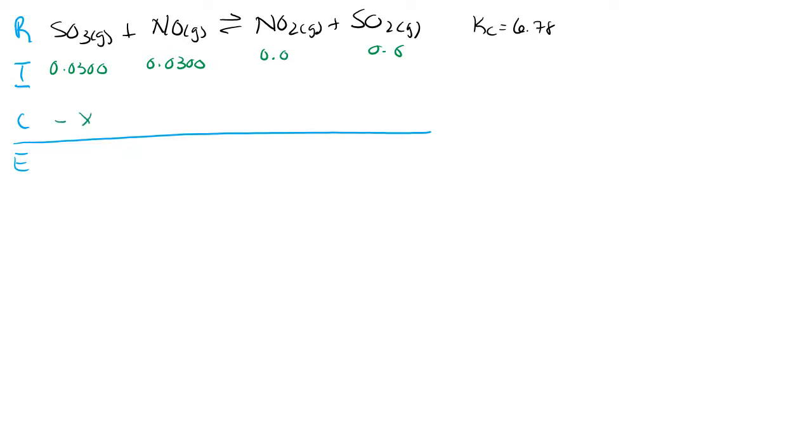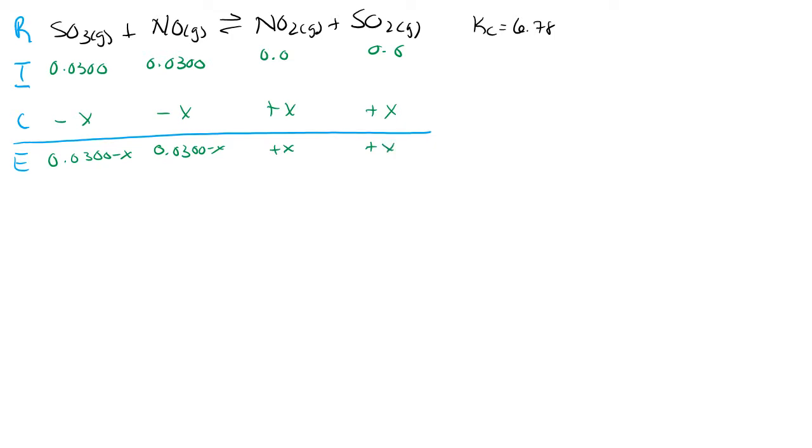Our change is minus x and plus x. Everything is a 1-to-1 ratio, so we don't have to apply any coefficients to those x's. Carry that down, so our equilibrium concentrations become 0.0300 minus x, 0.0300 minus x, plus x, plus x.